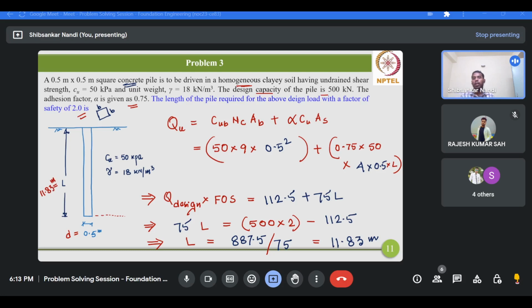So this much length you have to provide to have a design capacity of the pile as 500 kilonewton and with a factor of safety of 2. And obviously the cross section of the pile would be a square cross section having 0.5 meter by 0.5 meter dimension.